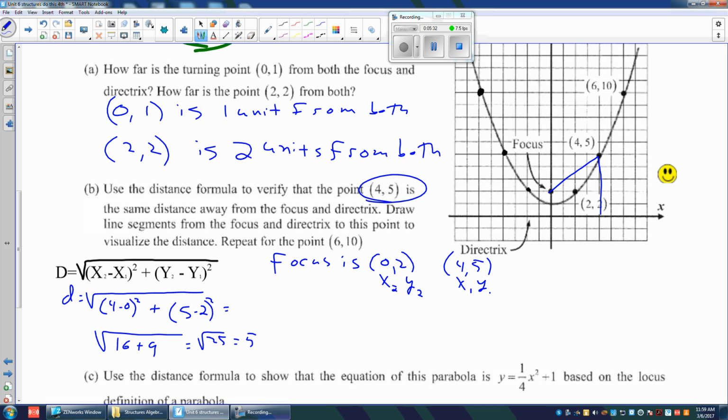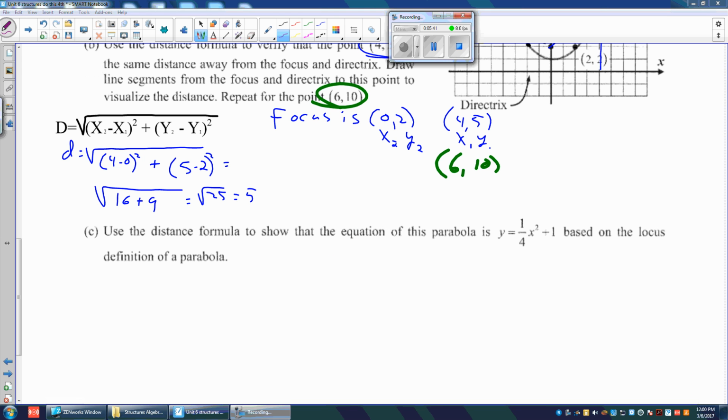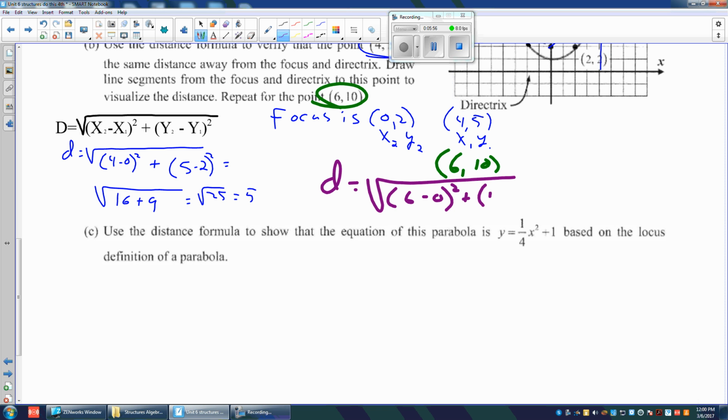Now it asks us to repeat for the point (6, 10). So we have the point (6, 10). The distance is the square root of 6 minus 0 squared plus 10 minus 2 squared, which equals the square root of 36 plus 64, which is 10.